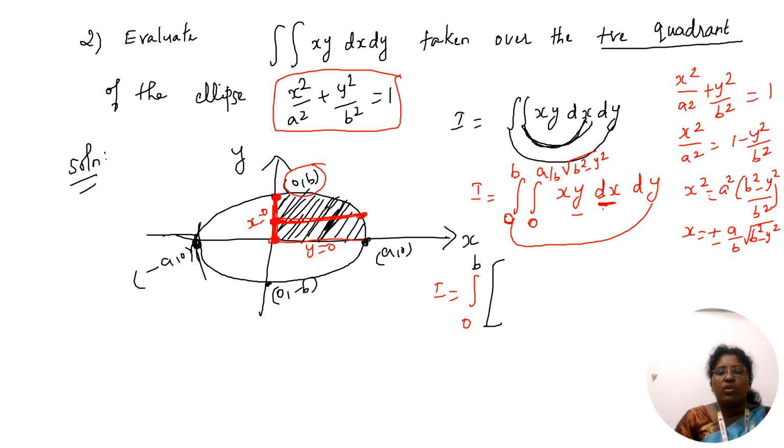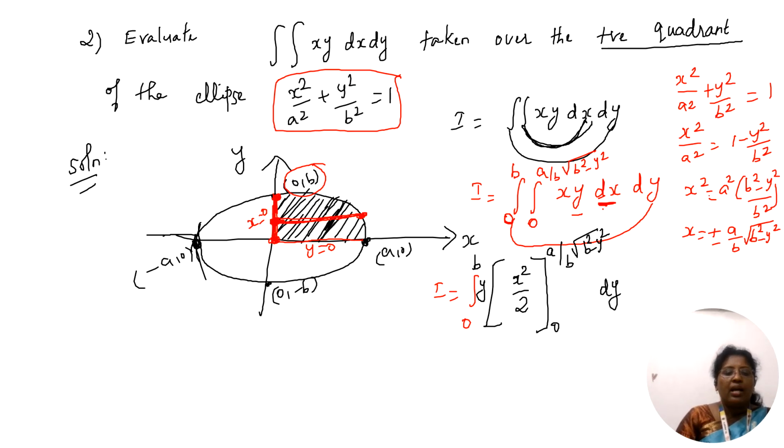Here y is constant, keep y as it is, and the integration of x is x square by 2. The limit varies from 0 to a by b into root of b square minus y square. The outer integral is with respect to y, so write dy as it is.